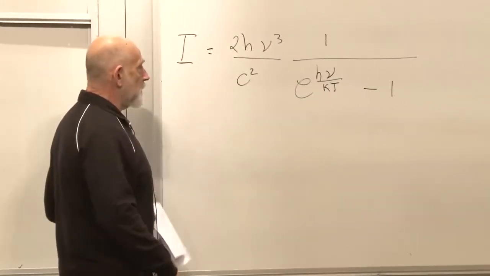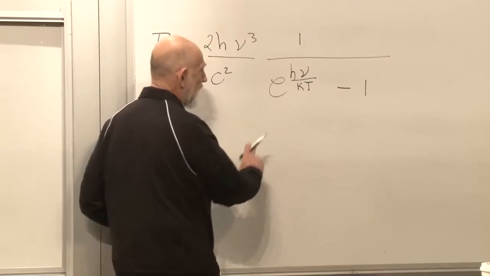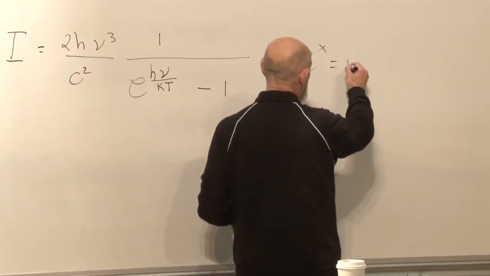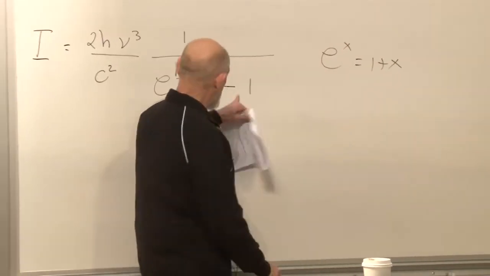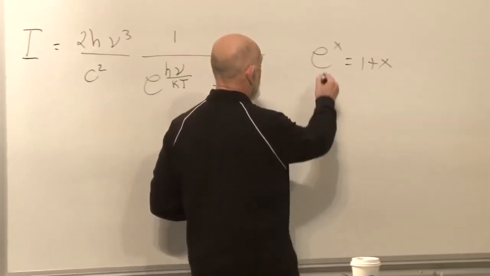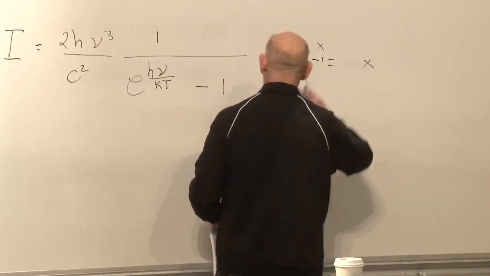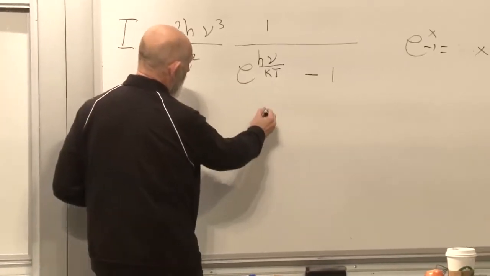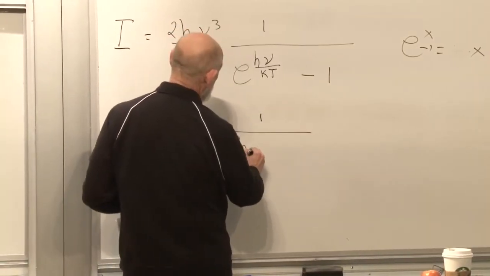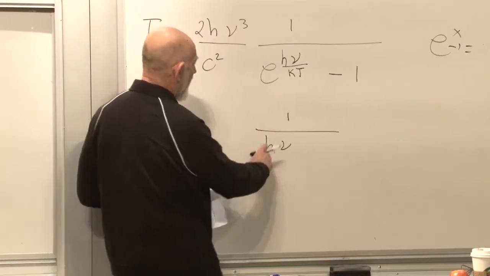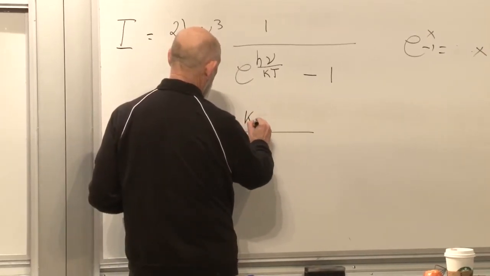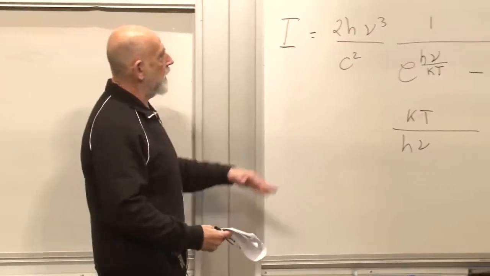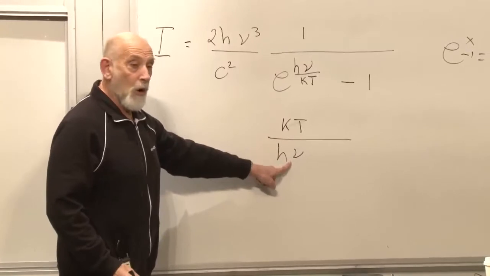If the frequency is close to 0, you can expand this exponential, using the fact that e to the x for small x is just 1 plus x. Then subtract off the 1, and e to the x minus 1 is just x. So what's in the denominator here is just h nu divided by kT, but that means the kT can go in the numerator. That's what the complicated function is for small nu.